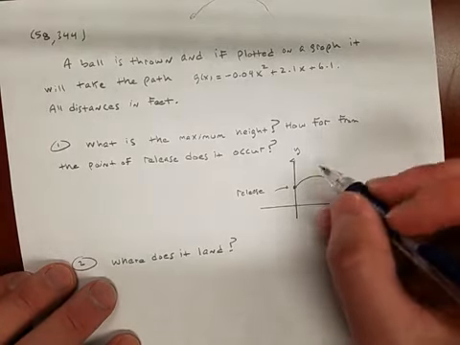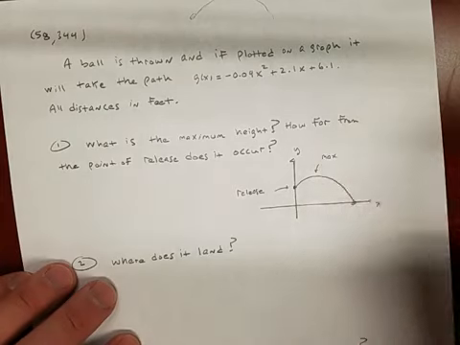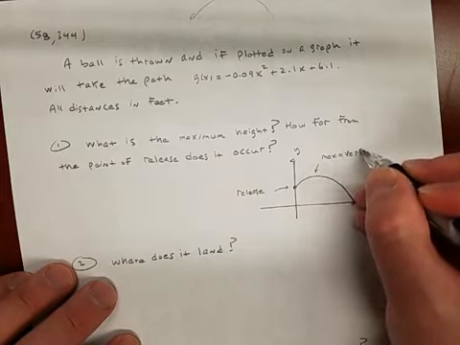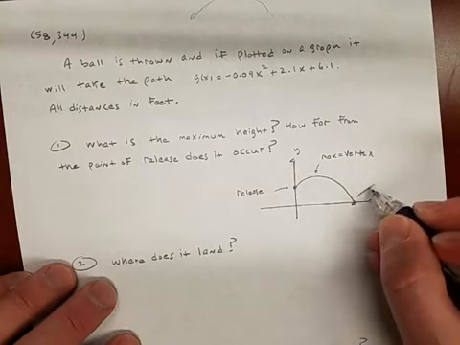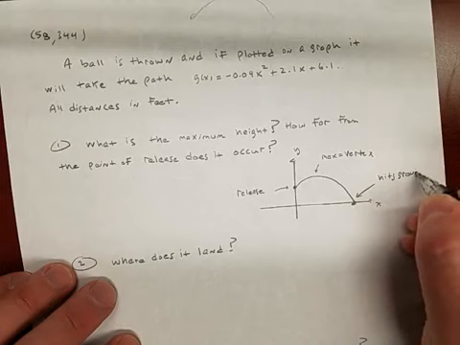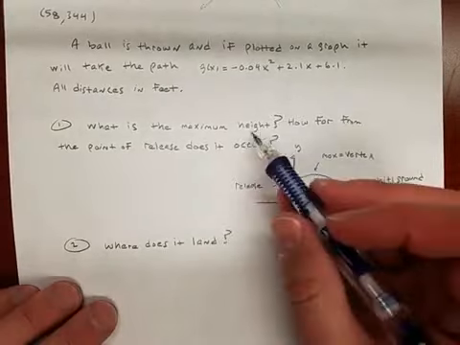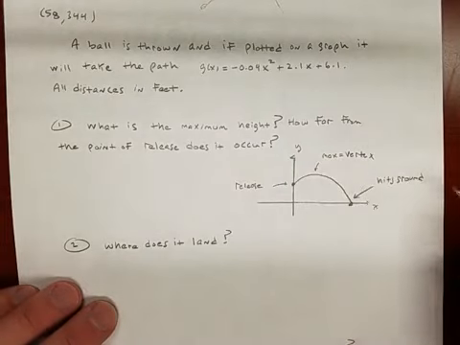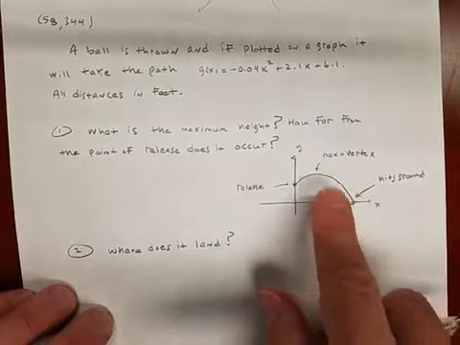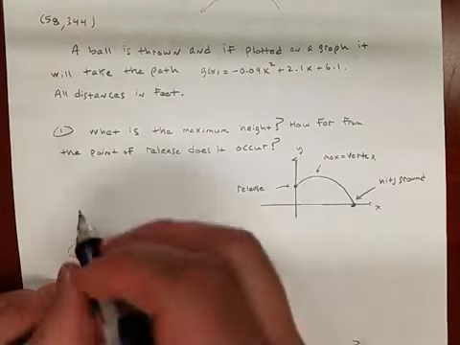It rises up to some maximum height above the ground, and that's going to be the vertex. And then it hits the ground, some distance in front of you. So that maximum height is whatever this point is, the vertex. Let's just find the vertex, and we can accept that it's the answer to the first question.